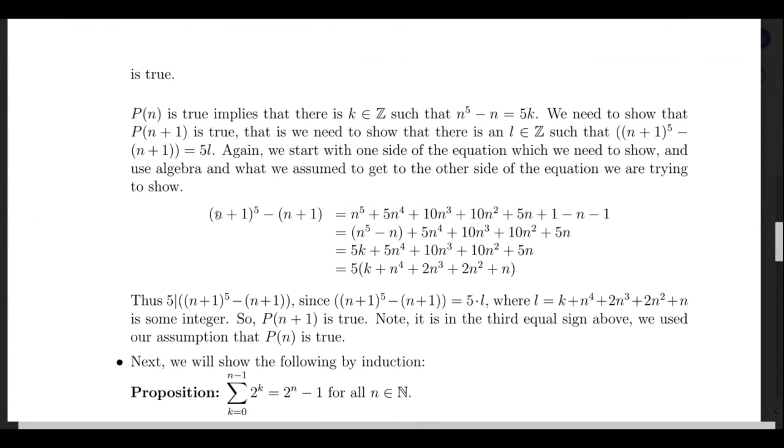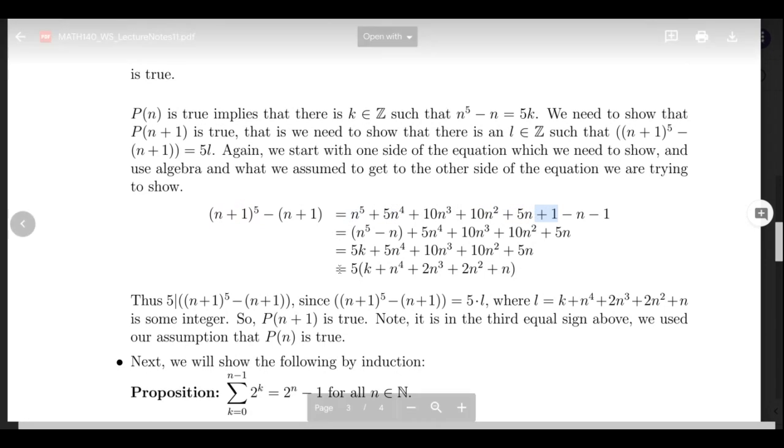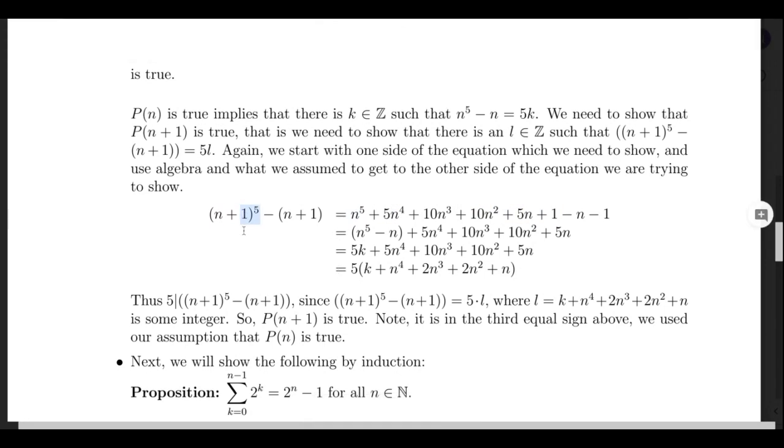Right? Then the first term, n, goes in descending order. So we have n raised by 5 for the first term, n raised by 4 for the second term, n raised by 3 for the third term, n squared for the fourth term, then n. Then the last term has no n in it. We can think of it as n raised by 0, and n raised by 0 is 1. And then the second term goes in ascending order.